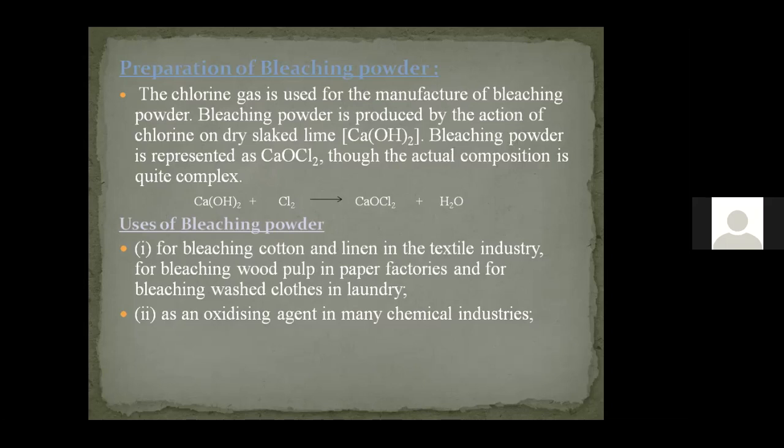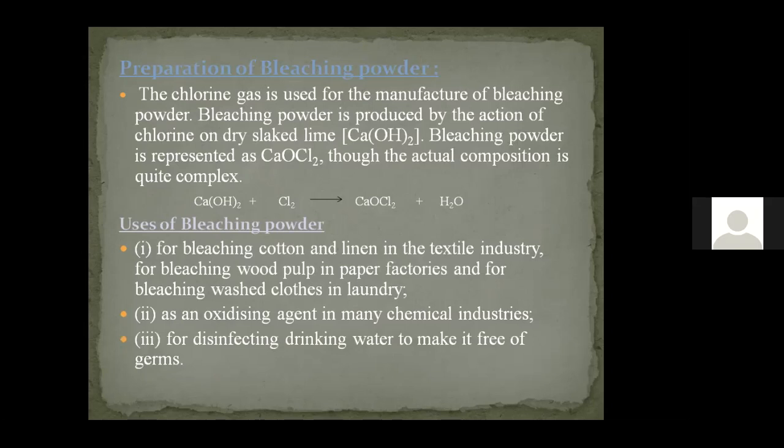It produces nascent oxygen, that is oxygen written inside square brackets, a single oxygen atom, which gives the oxygen required for the decomposition. Because of that, bleaching powder is used as an oxidizing agent for cleaning of water or in the chemical industries.